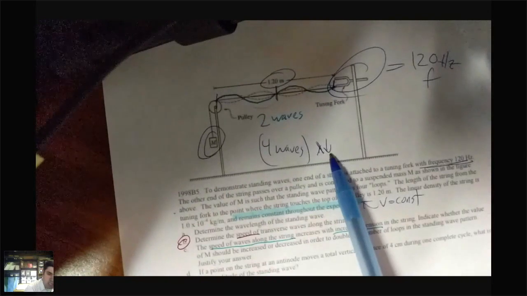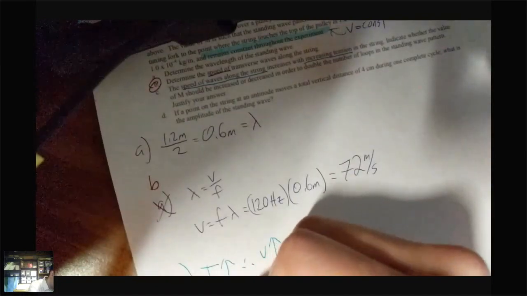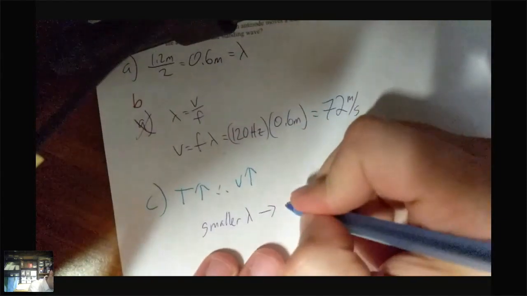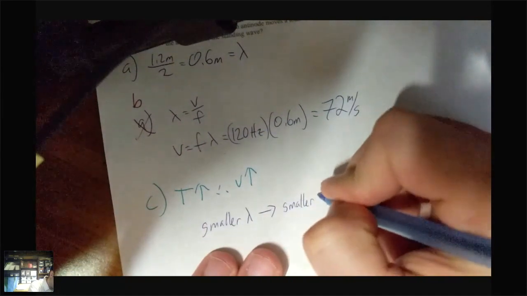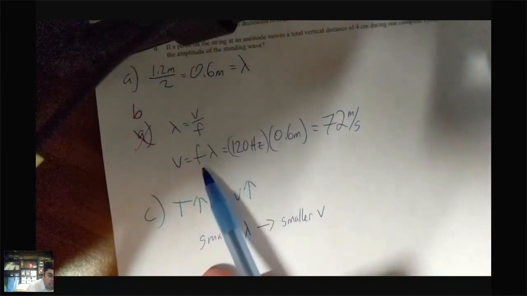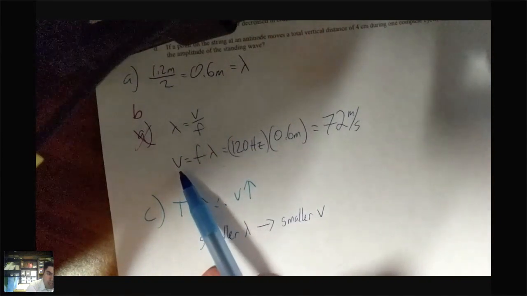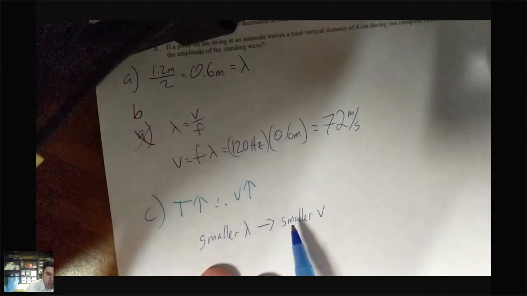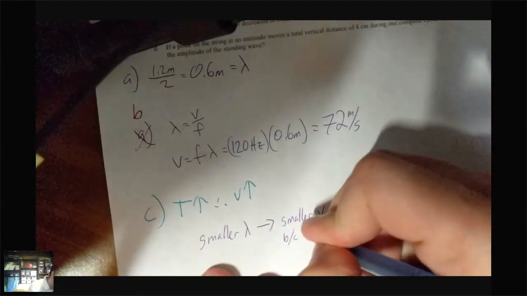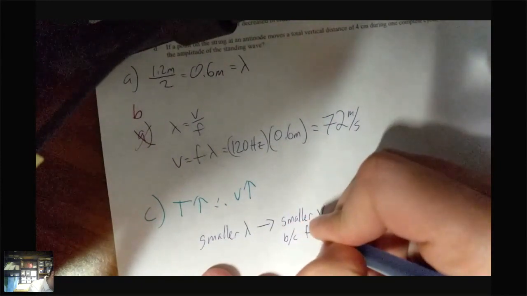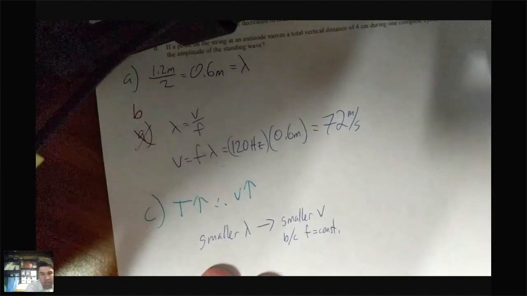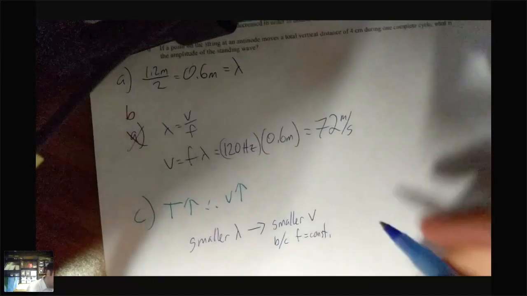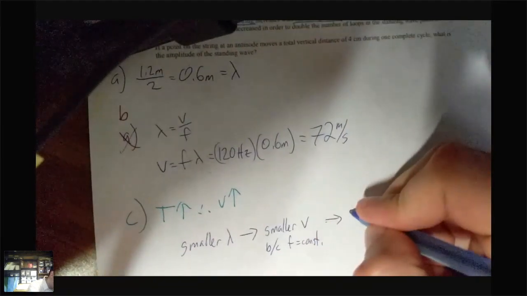So if I want a smaller wavelength, that means I need a smaller velocity, because F is a constant. The only thing that can change here is velocity, and those two are directly related. If we could change the tuning fork, we could do it a different way, but we can't. So smaller wavelength, smaller velocity. Smaller velocity means less tension.